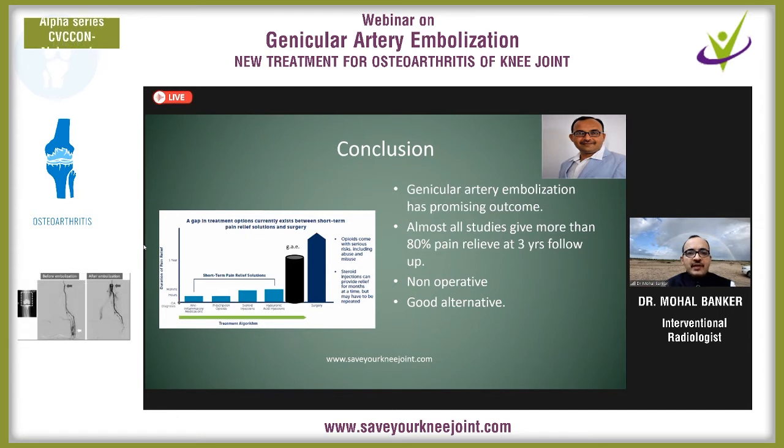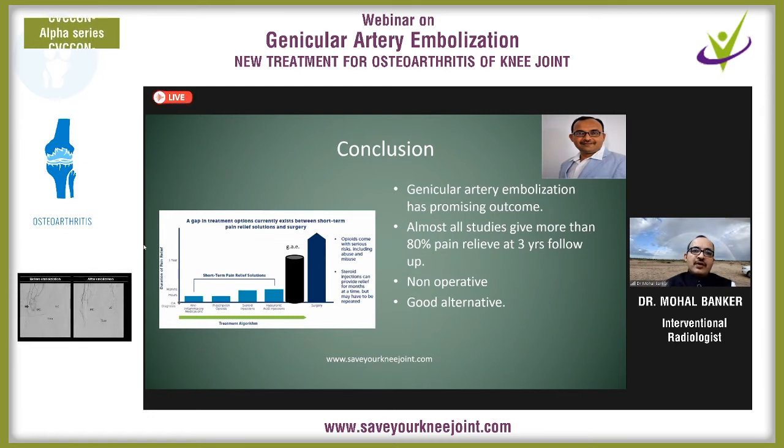Previously there was no option available between non-operative and operative treatment, but with the promising results of genicular artery embolization, it has given a good alternative to operative treatment. And particularly, genicular artery embolization treats the root cause of osteoarthritis of the knee joint, so it is going to be very beneficial to all the patients.